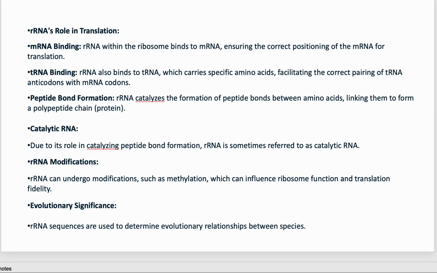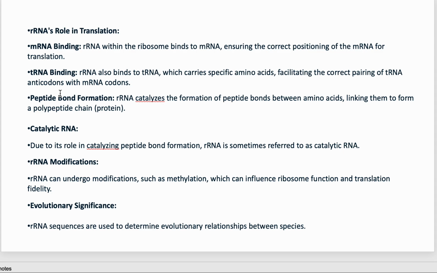Let's just look at the role of different RNAs. So mRNA, RNA within the cell binds to mRNA. You don't even have to remember that. I discussed the process of translation in quite some detail in, I think, my second or third problem solving session. If you'd like a brief recapitulation of what translation is, I would suggest you go and see that.